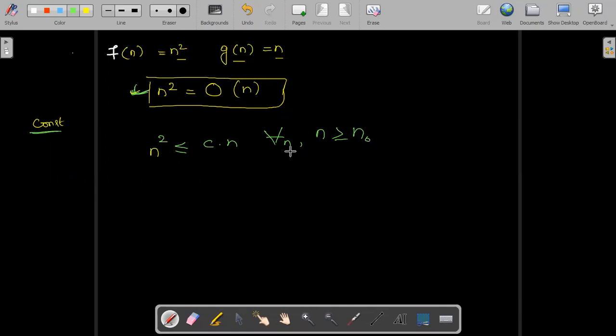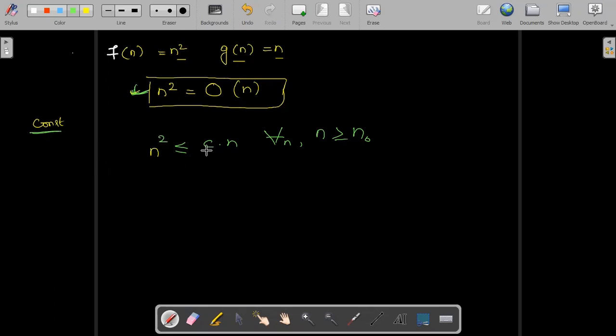Please understand these lines. n square is less than or equal to c of n, for all n greater than or equal to n naught. This is exactly what we have to prove.